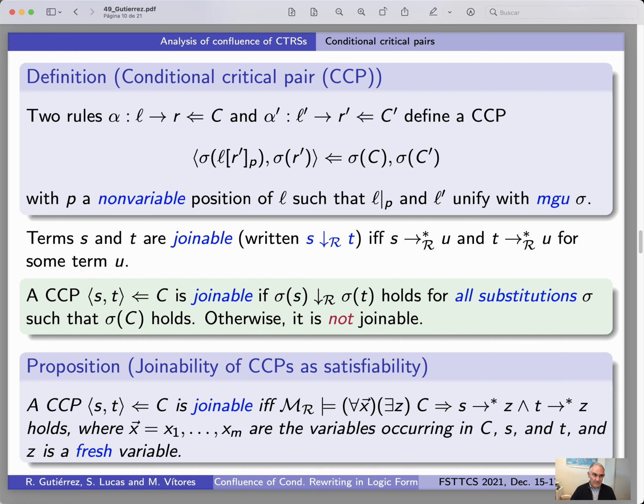The first result establishes that systems with non-joinable critical pairs are not confluent. However, the absence of non-joinable critical pairs, or even the absence of any critical pair, doesn't imply confluence in general. We need to require additional conditions.